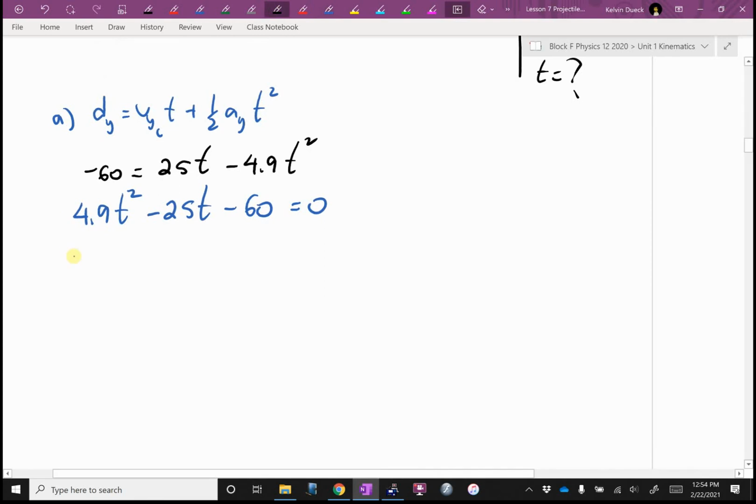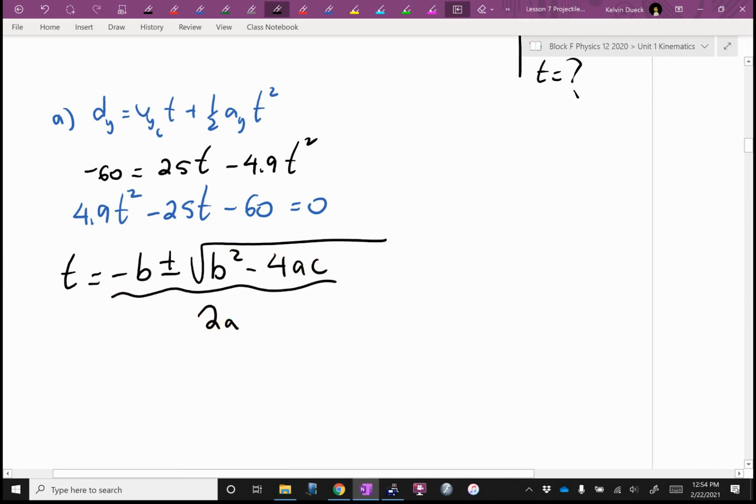Okay. t equals negative b plus or minus the square root of b squared minus 4ac, all over 2a.